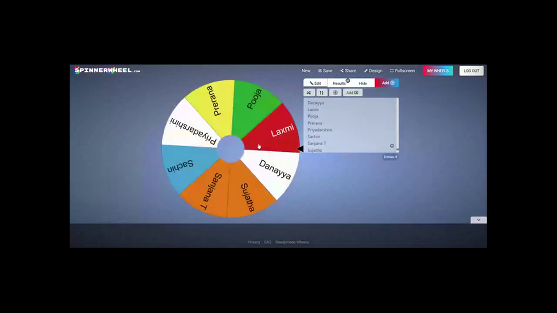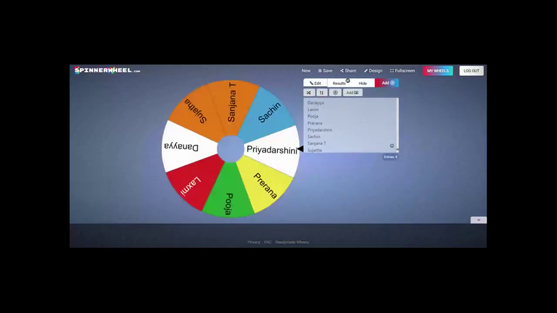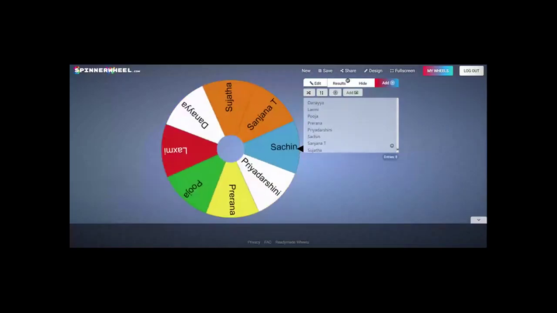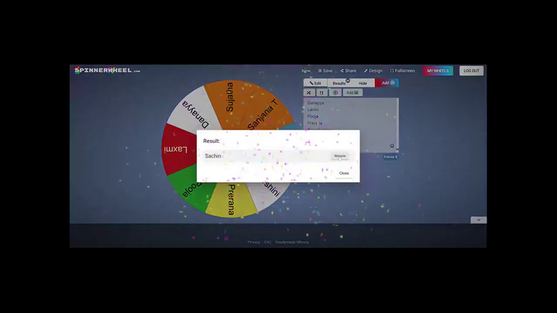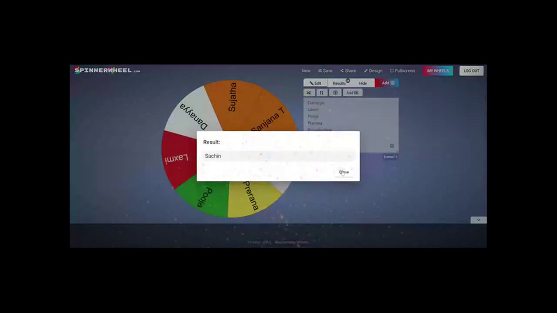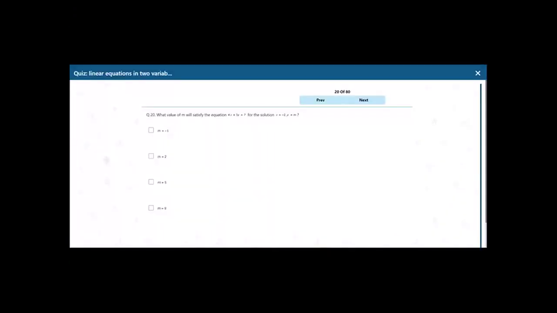Next. Sachin? Yes, miss. Your question. What value of m will satisfy the equation 4x plus 3y equal to 7 for x equal to minus 2, y equal to m?